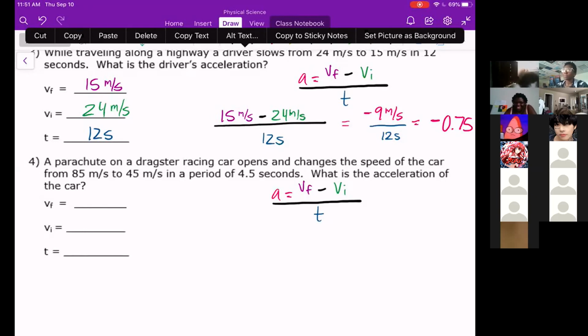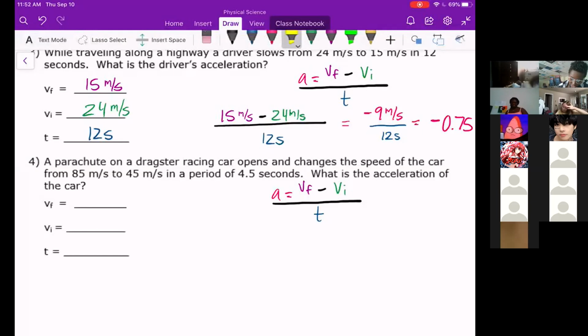It sounds weird, but if you remember dragsters, those are those long skinny cars. When they're getting ready to stop, they're going so fast, they let out this parachute in the back and it helps slow them down. You've seen those before? All right, so 85 meters per second for the VI. VI is green, okay.